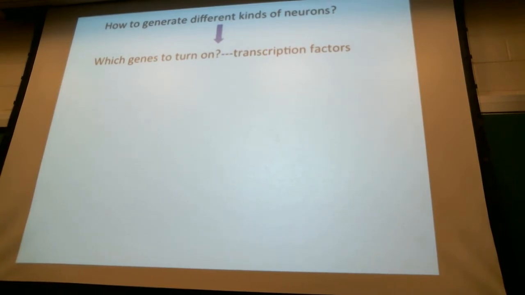And then this messenger RNA will be translated to what? Proteins or peptides. So that is called gene expression. And transcription will be mediated by an enzyme called RNA polymerase.